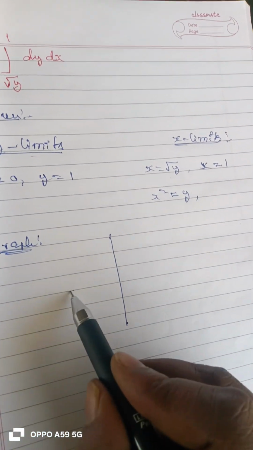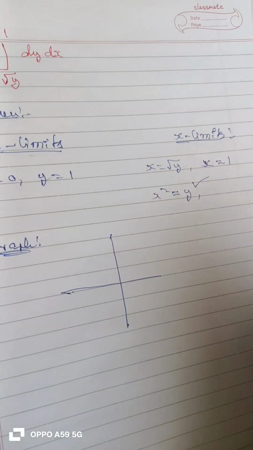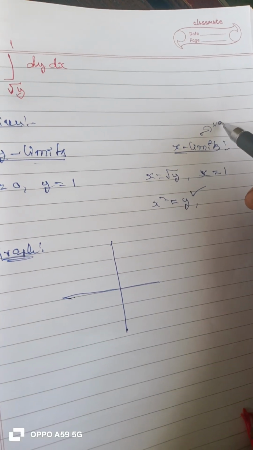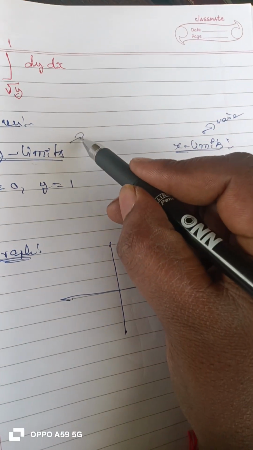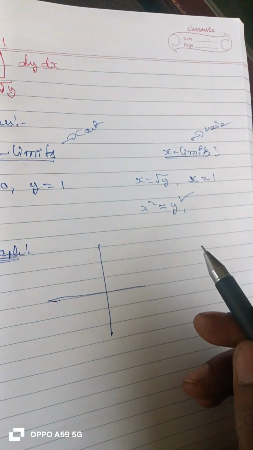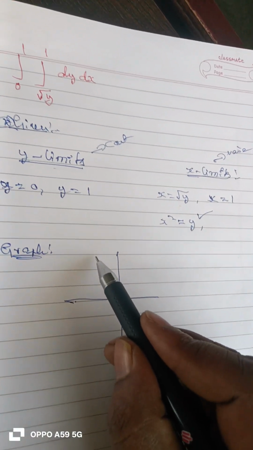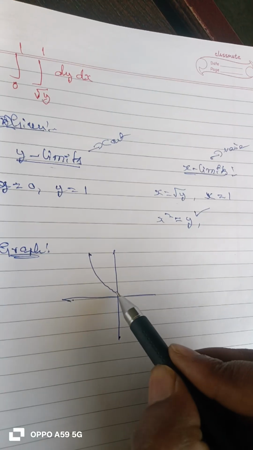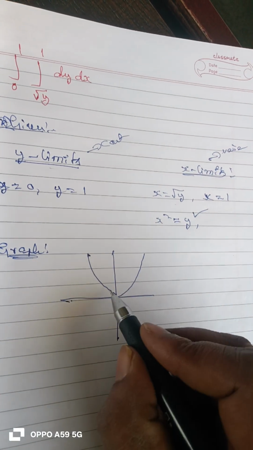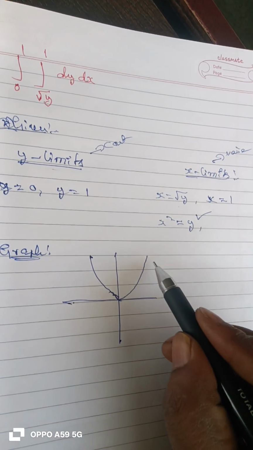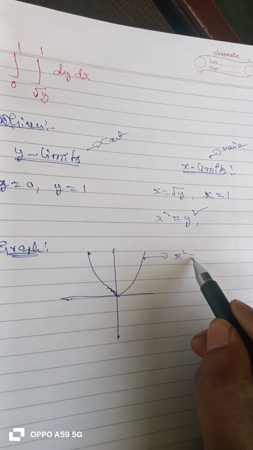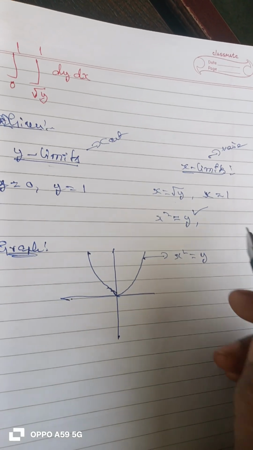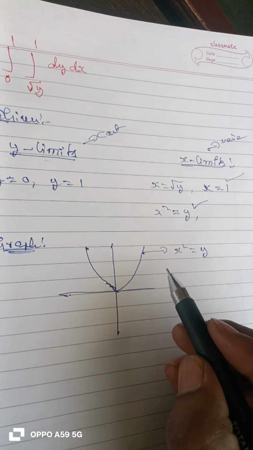so this will be the graph for this one, this is the variable limit, this is the constant limit. The graph for this one will be x square is equal to y, and another line will be x is equal to 1.